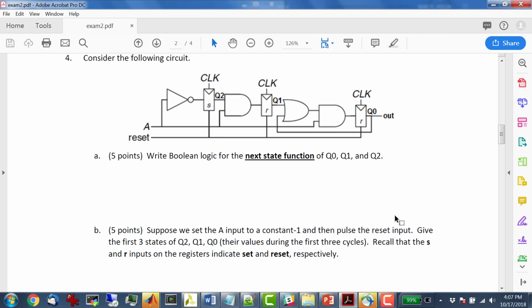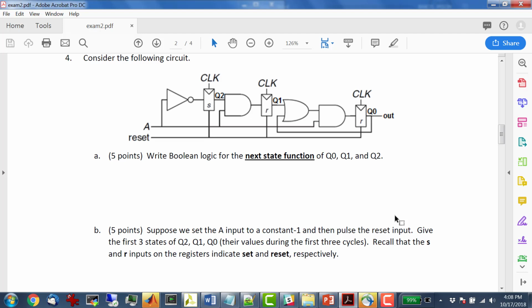This one has a path from Q1. The next Q1 has one gate delay in it, right? So it's got this gate delay right here, from this register through this one gate. And this one goes through 2 gates. So the worst case is 2 gates, right?